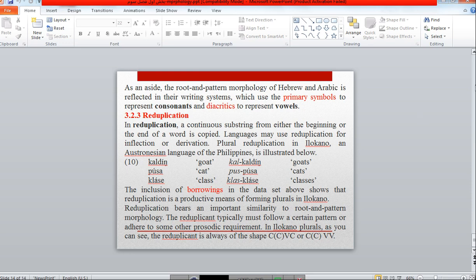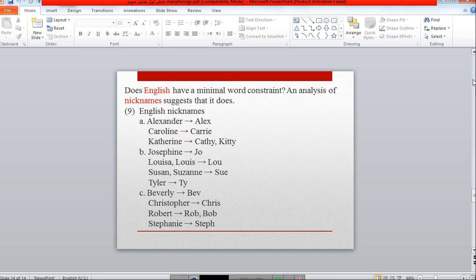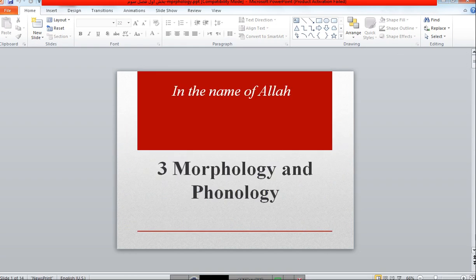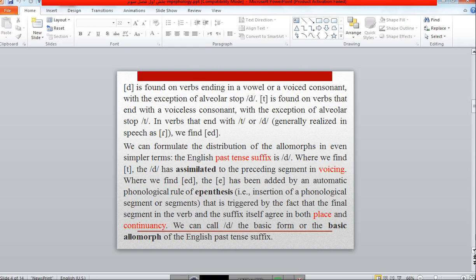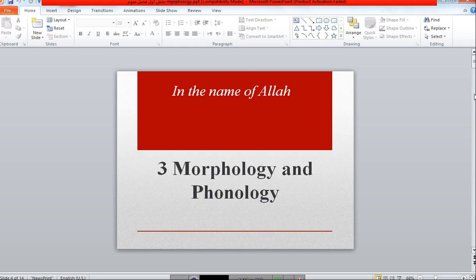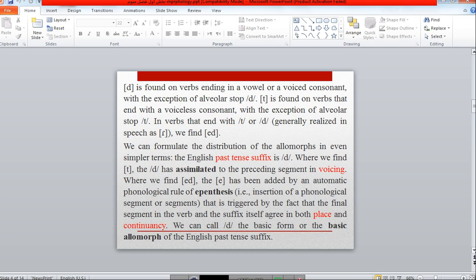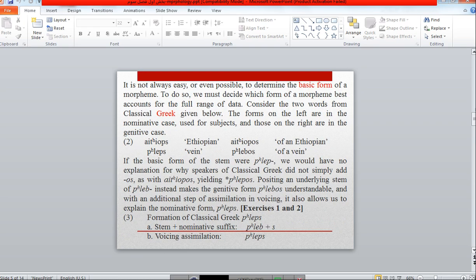So in this session, I talked about the relationship between morphology and phonology, which we call morphophonemic patterns. Then I talked about allomorphs. How can we produce allomorphs? By some processes like assimilation and epenthesis, using examples from Spanish, Greek and French.